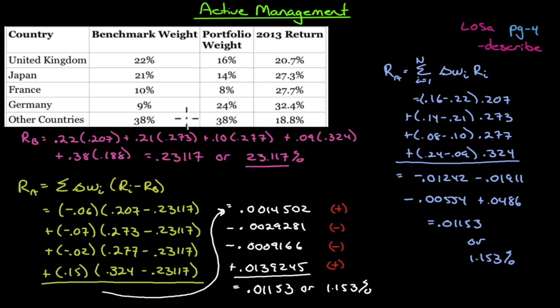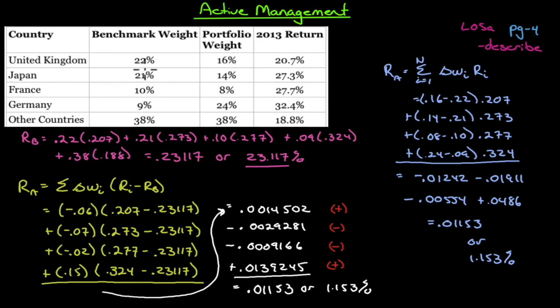There's no active weight difference here, so there'll be no active return difference because they're both weighted identically. There'll be no active return here. But all the other four are weighted differently and they have different returns. So to determine what the active return is, let's figure out what our return on the benchmark is.